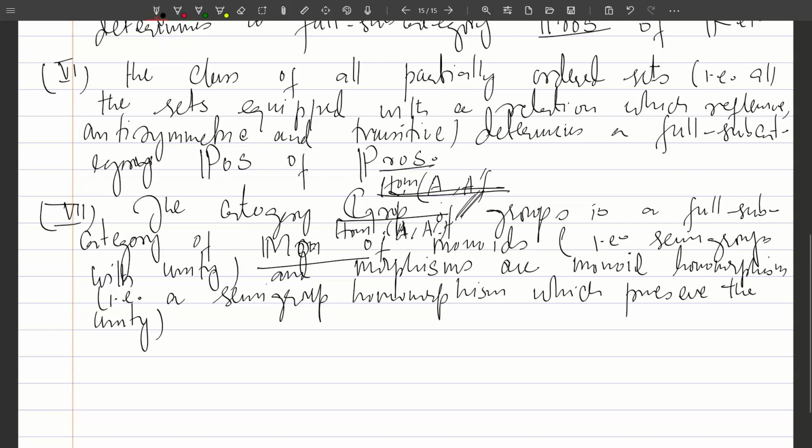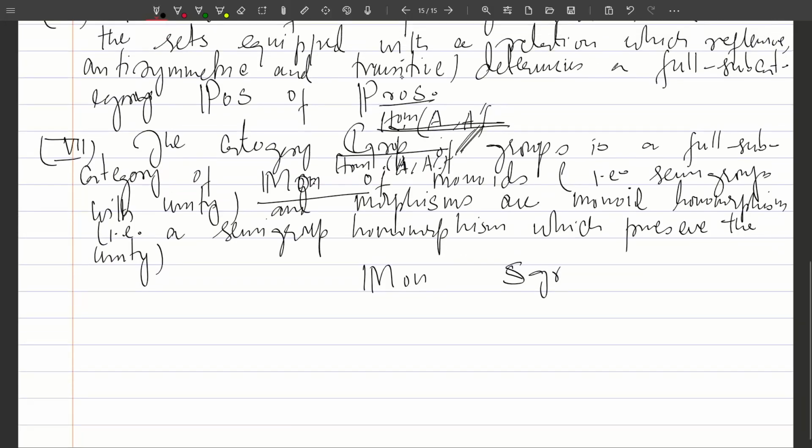If we look at the category of monoids, and the category SGR of semigroups, we know the object class of MON is properly contained in the object class of SGR, because every monoid is a semigroup.